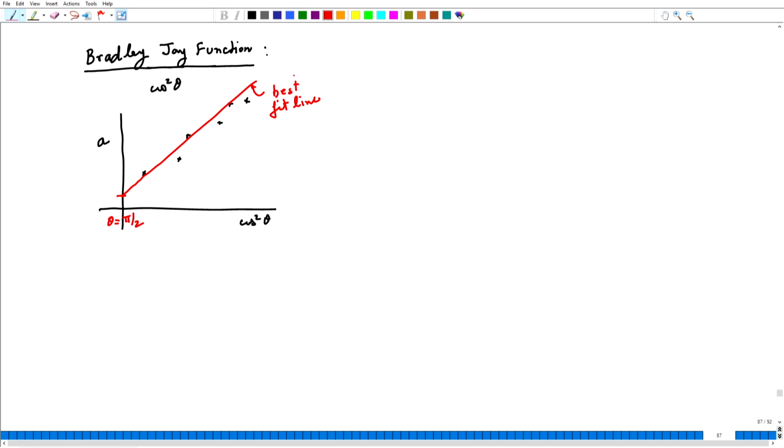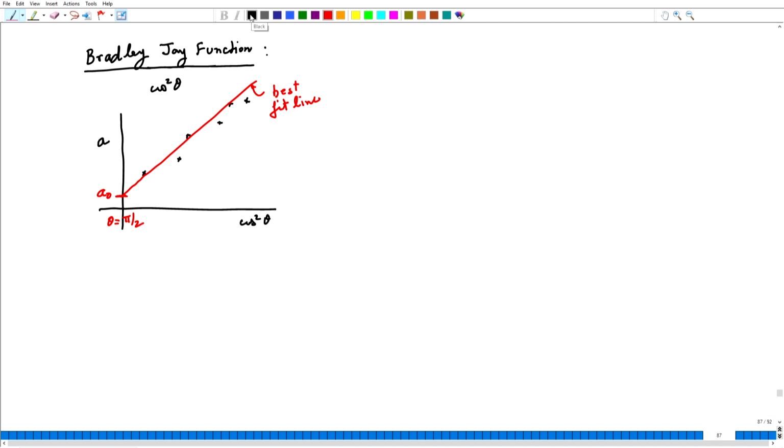So, by fitting the line and extrapolating it to cos square theta equal to 0, which means extrapolating it to theta equals pi by 2, we get a lattice parameter value, let us call that A0, which could be considered as the best value from the data that we have using this Bradley-J function as the extrapolation function. Now, same thing one can do with the second function.